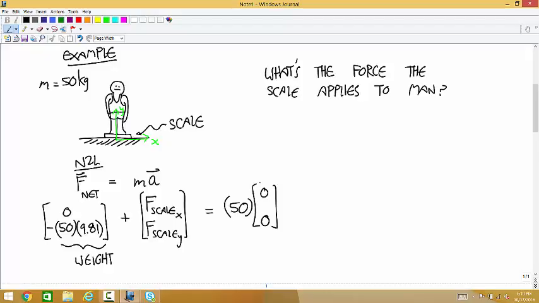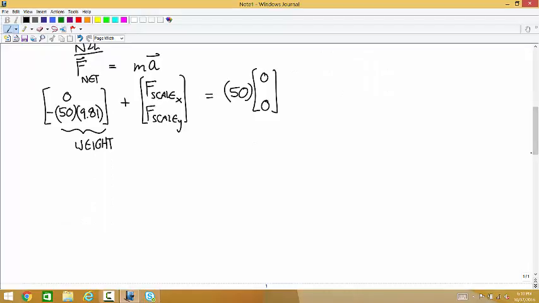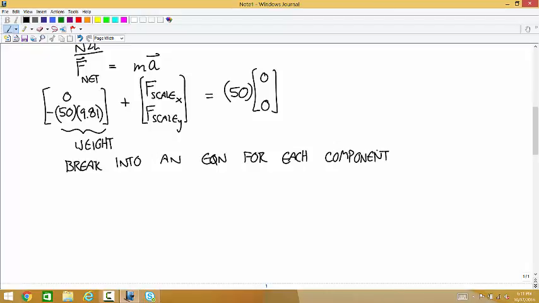And now I'll break this up into x and y components, one equation for each component. So the x equation says 0 plus force from the scale x component is equal to 50 times 0, which is 0.